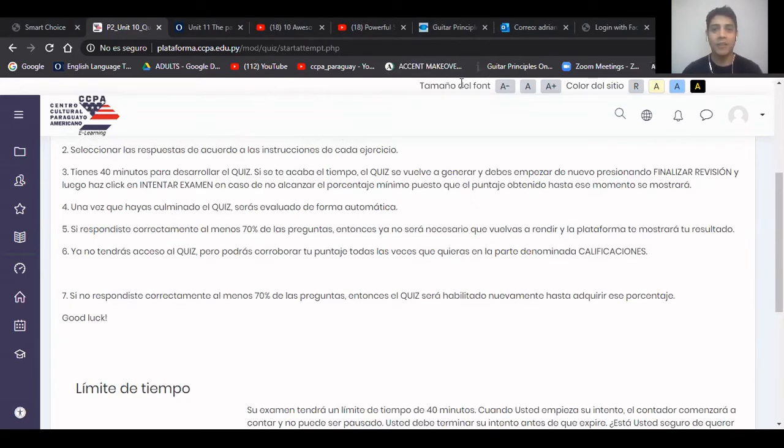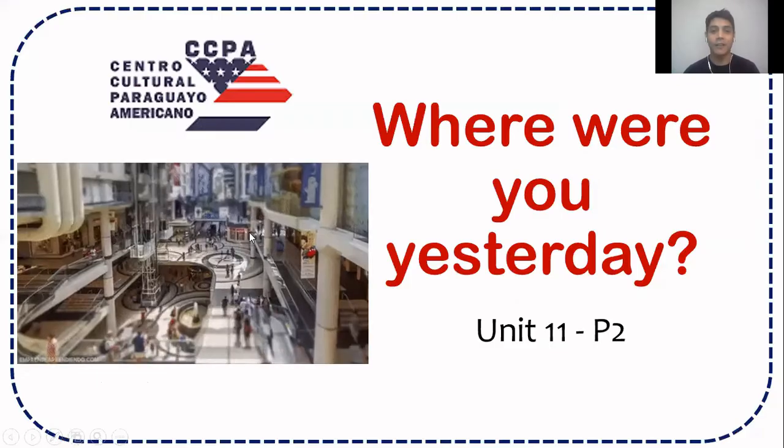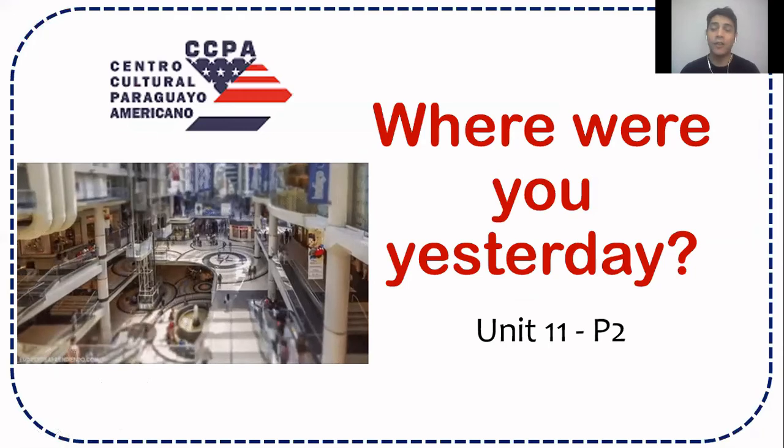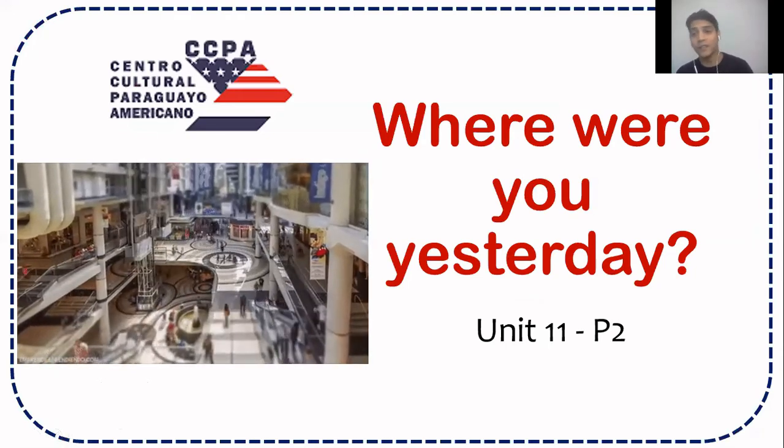Great. Okay, so now I'm going to start sharing the new unit. Let's go back to unit 11. Now that we finished Some and Any, we are going to do the vocabulary from unit 11, okay? The title of unit 11 is Where Were You Yesterday?